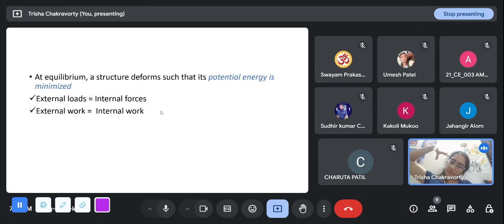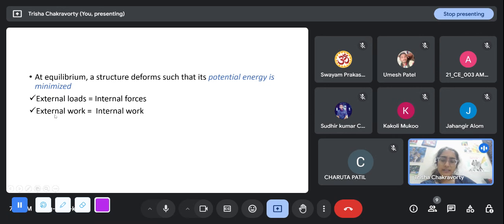Suppose you drop a ball from the first floor. Till the time it is falling in the air, assuming there is no air resistance, no one is stopping or resisting it, so there is no deformation. But when it falls on the ground, the ground applies a reaction force in the upward direction. That is when the ball deforms. This law says that the structure will deform in such a manner that its potential energy will be minimized, and external loads will be equal to the internal forces.